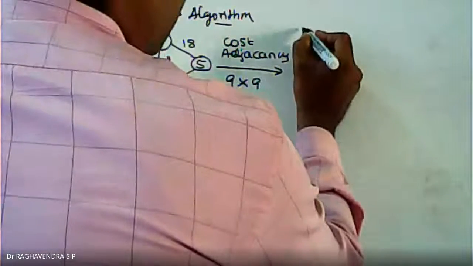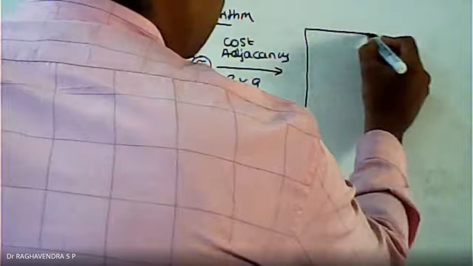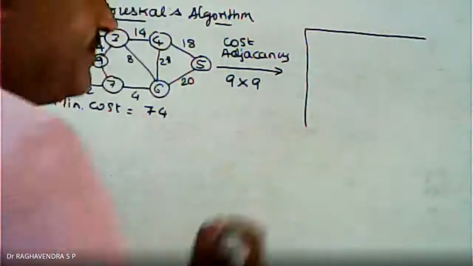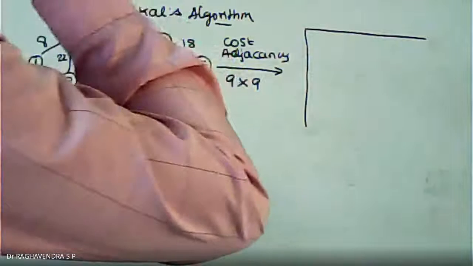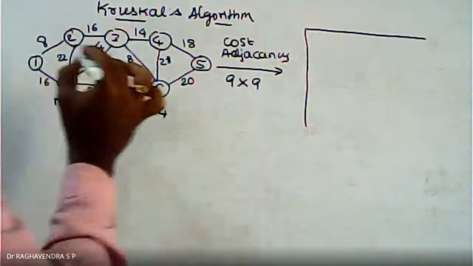So now I am going to draw the cost adjacency matrix. Cost of 7 to 9, what is it? Sorry. Cost of 7 to 9 is 12.